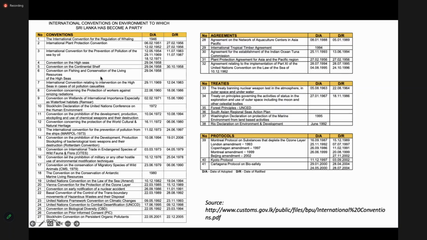There are conventions on fishing, conservation of living resources, conventions about protecting workers against certain radiations. So many conventions, agreements, treaties that we have also agreed to follow and uphold.